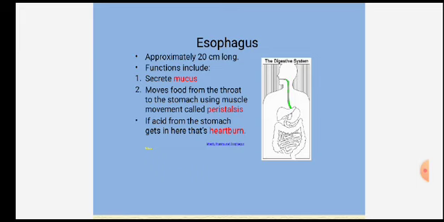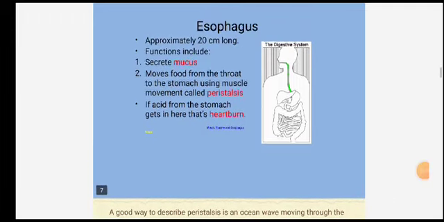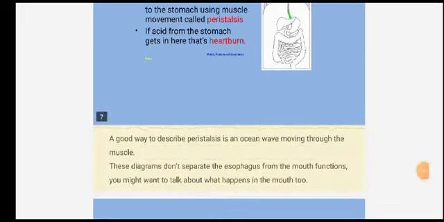When the food material is transferred from the upper to the lower organ, it happens with the help of a movement called peristaltic movement. If the acid from the stomach comes up there, one suffers from heartburn. The esophagus is used for temporary storage of the food material, and the whole alimentary canal is responsible for peristaltic movement.